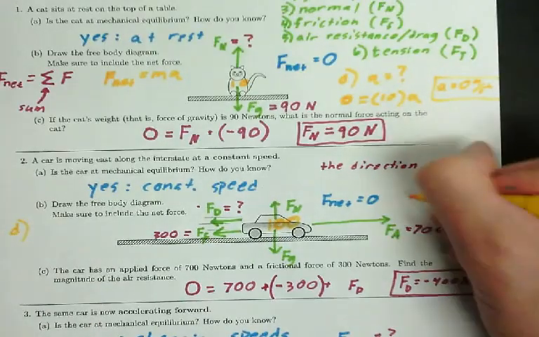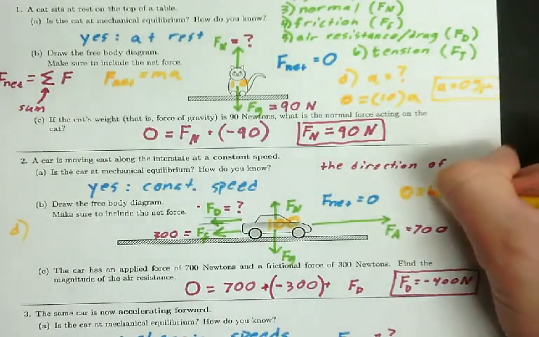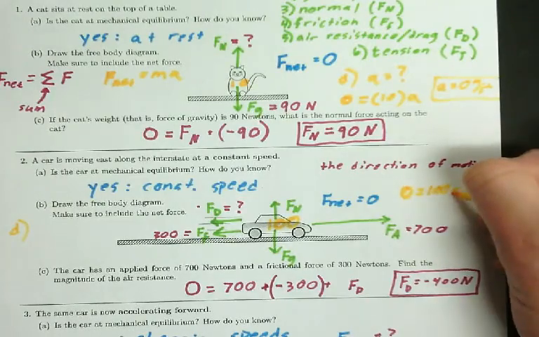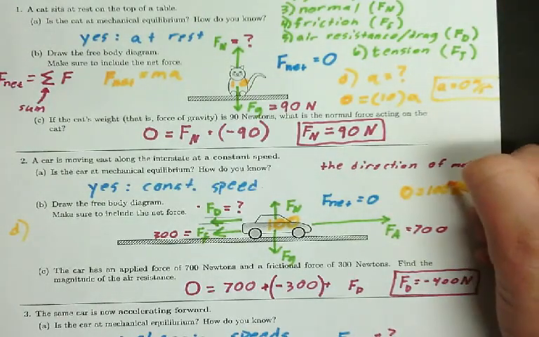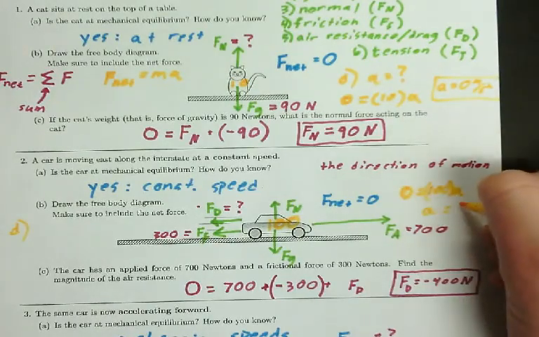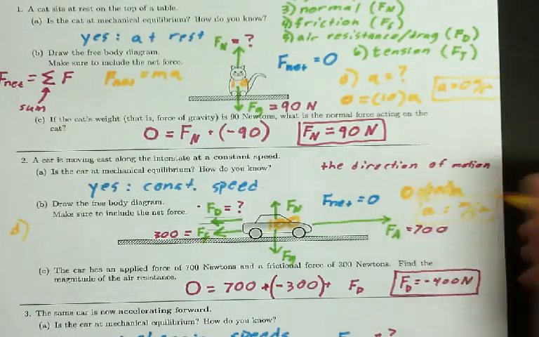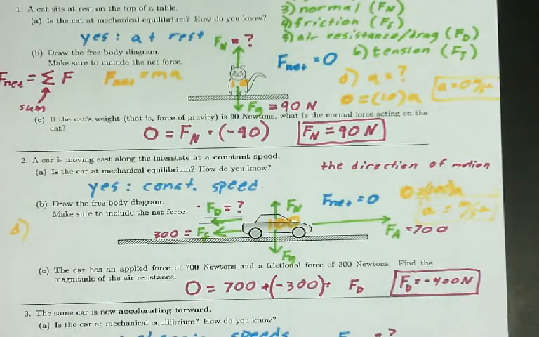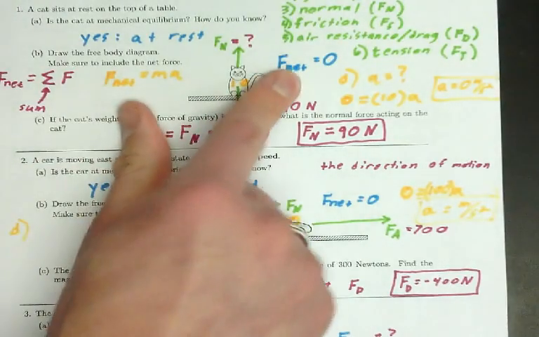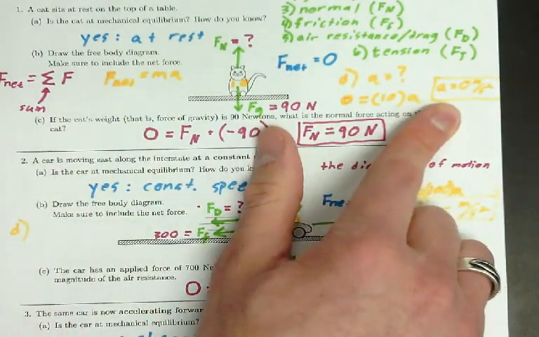So I would still do net force equals mass times acceleration. It'll still be an acceleration of 0. Hey, guess what? If the net force is 0, the acceleration is always 0.